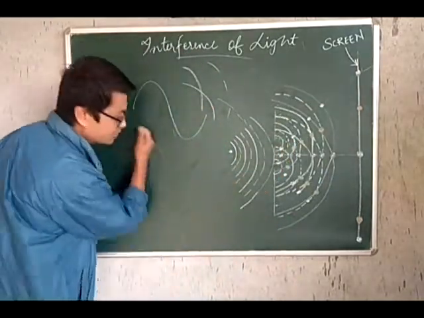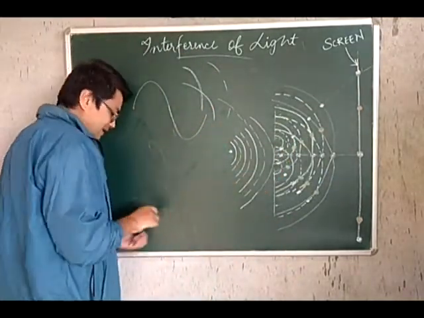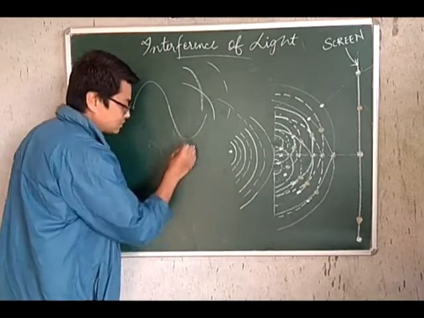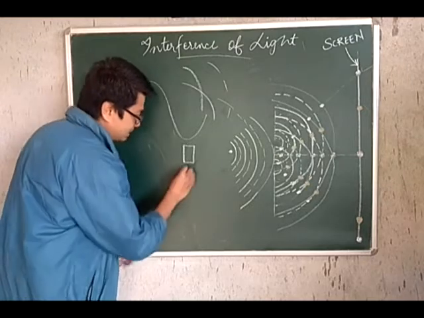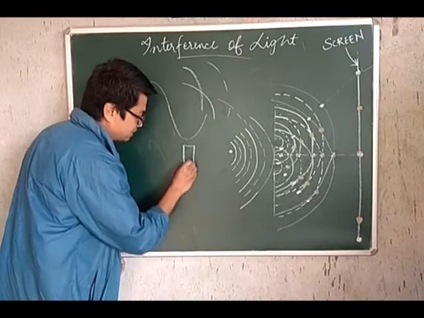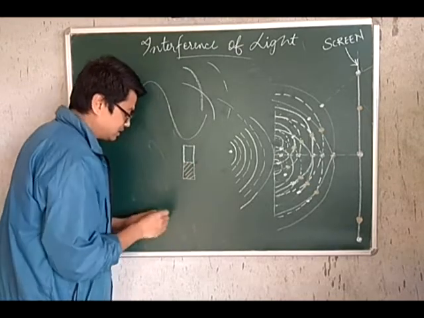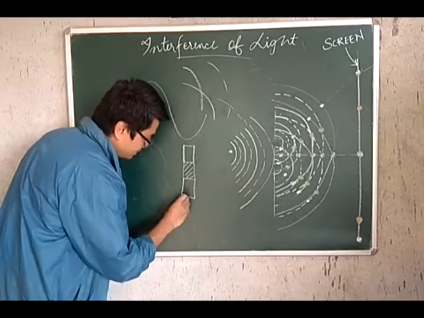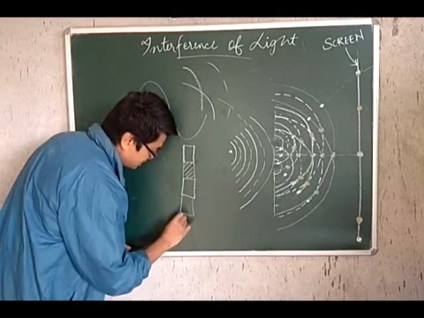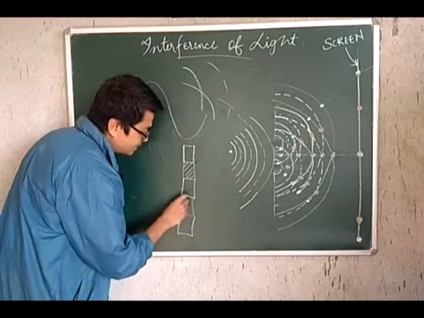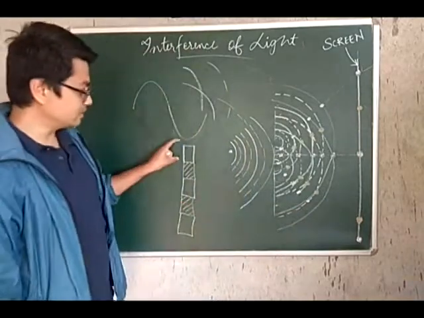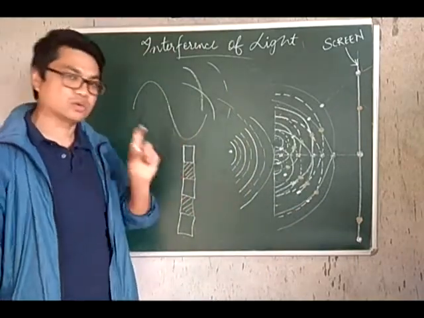If you place the screen, what we get to see on the screen is a pattern like this. This will be bright, then alternately we will get to see dark, bright, this will be dark, this will be bright. These portions, these lengths, are called fringes.